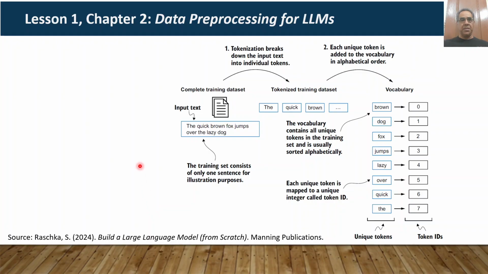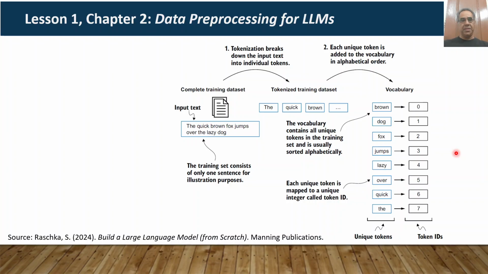The next step in preprocessing is converting tokens into token IDs. To map the generated tokens into token IDs, we have to use a vocabulary that contains all unique tokens in the training set and is usually stored alphabetically.